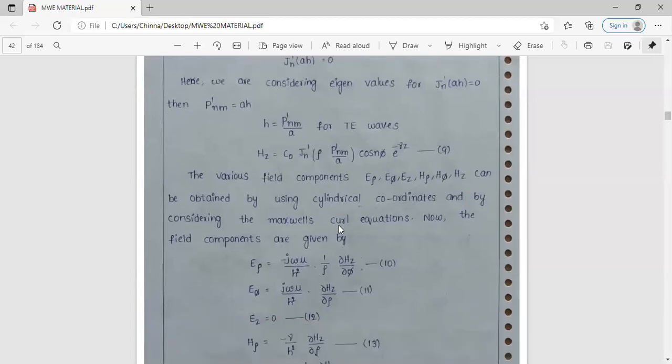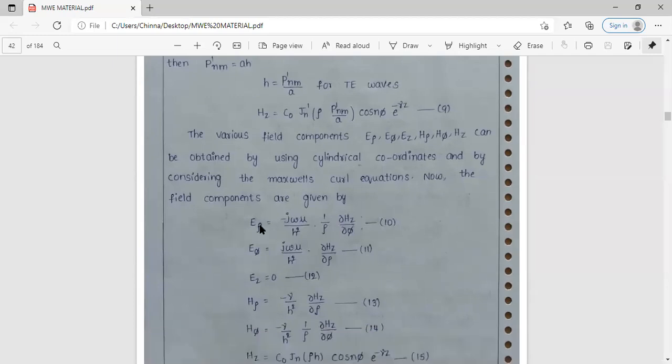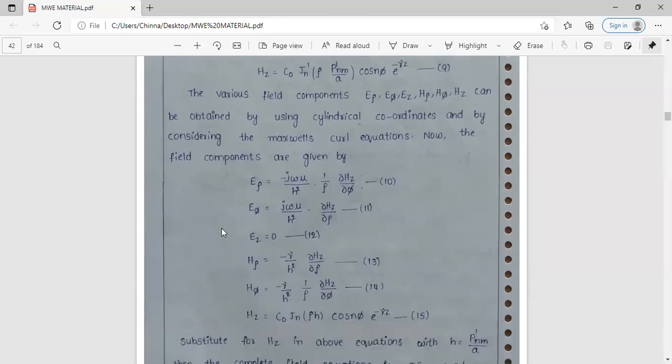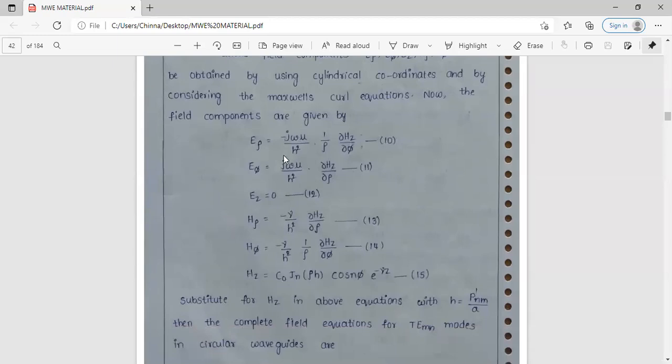By considering Maxwell's curl equation, now the field components will be represented like this. So Eρ is equal to minus jωμ by h² into 1 by ρ into ∂Hz by ∂φ. So equation number 10. So Eφ is equal to jωμ by h² into ∂Hz by ∂ρ.